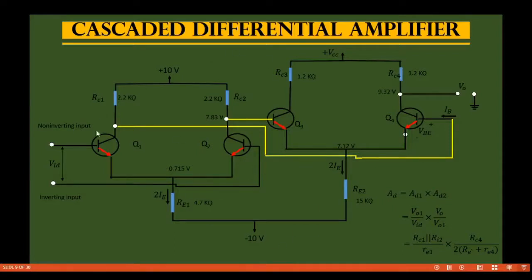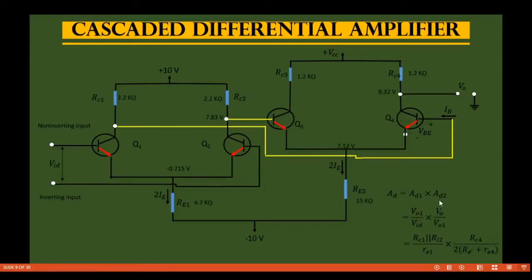In this stage, as you can see, the output is collected at RC1 in parallel with the input resistance of the next stage. So this is RC1 parallel with RI2, the input resistance of the second stage, upon RE1, where RE1 is the AC emitter resistance of Q1.